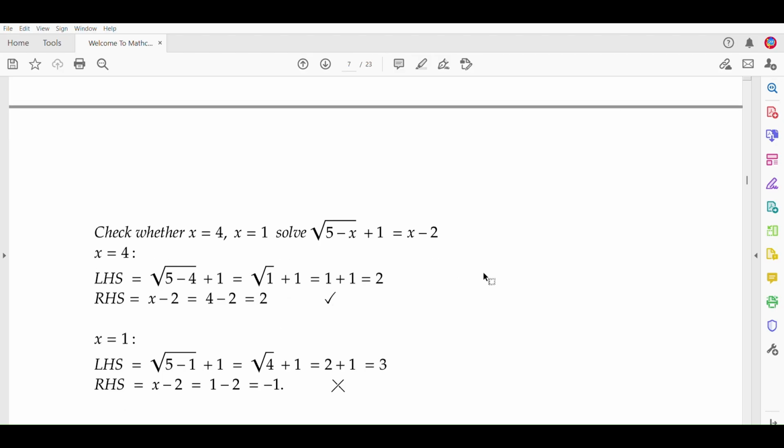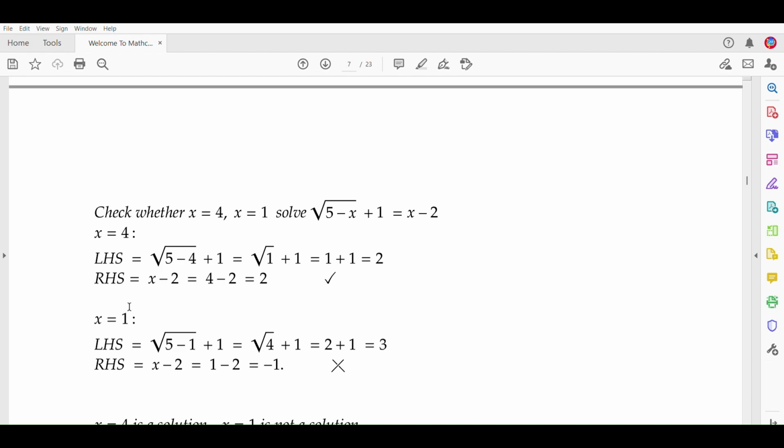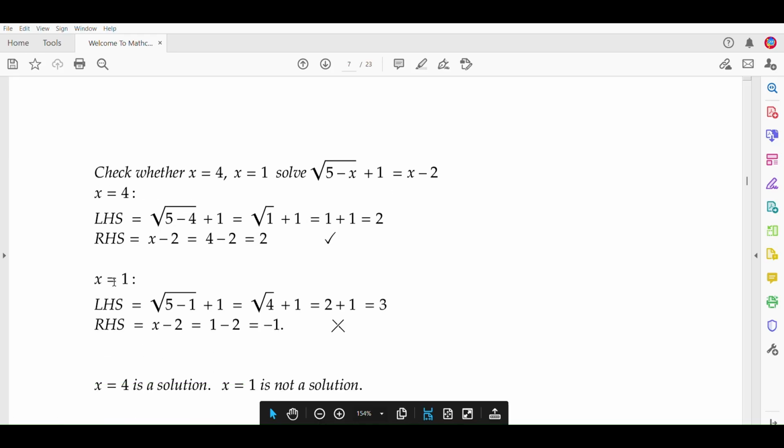Now try x equals 1. Square root of 5 minus x, plus 1. So x is 1. 5 minus 1 is 4. Square root of 4 plus 1. Square root of 4 is 2. 2 plus 1 is 3. On the right hand side, x is 1 minus 2.